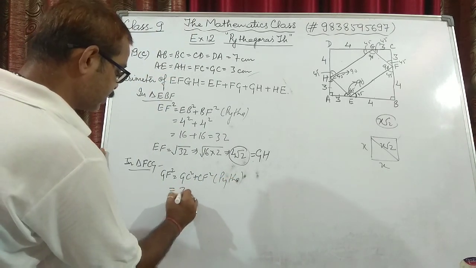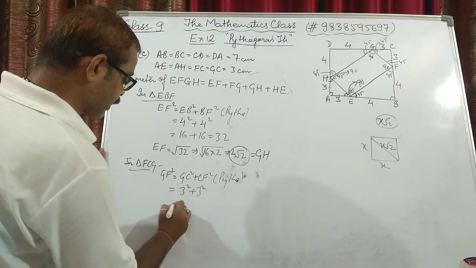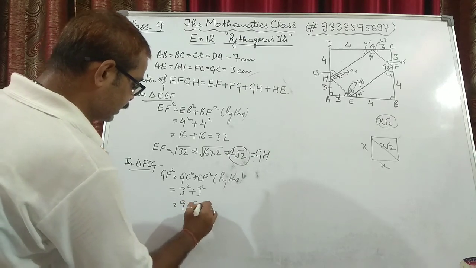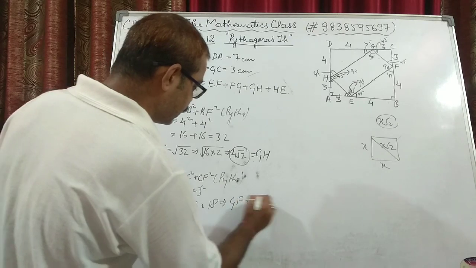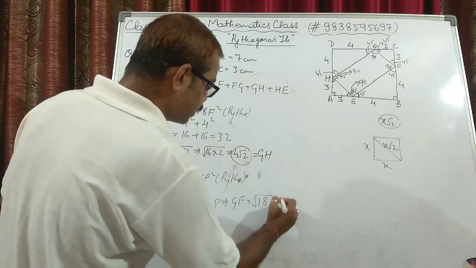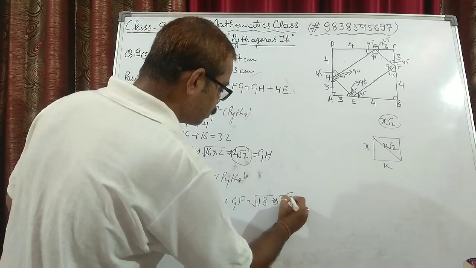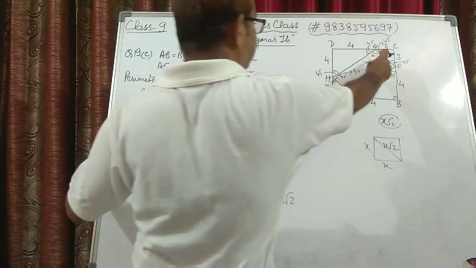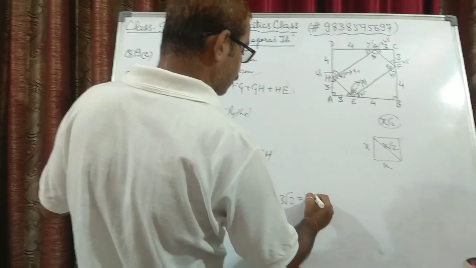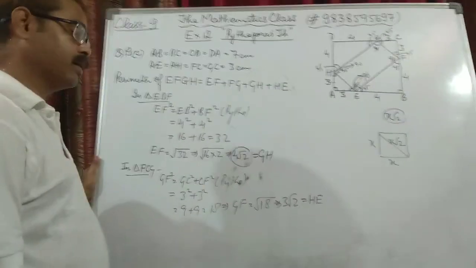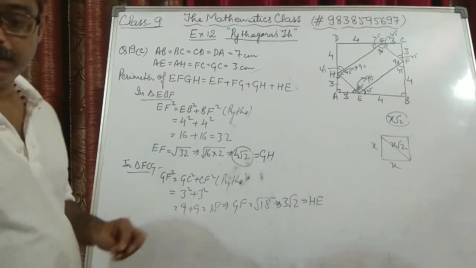So GC is 3. So 3 square plus 3 square, 9 and 9 is 18. Implies that GF will be under root 18. Under root 18 means 3 root 2. So if this side is 3 root 2, this also has to be 3 root 2 because the opposite sides of a rectangle are equal.